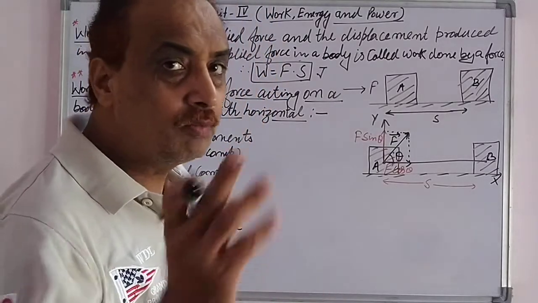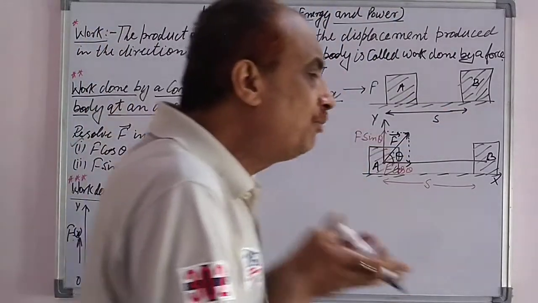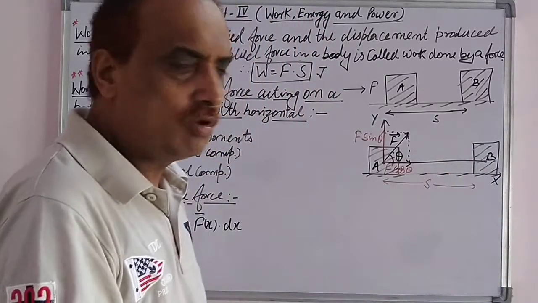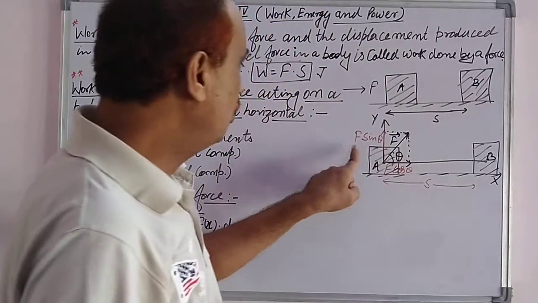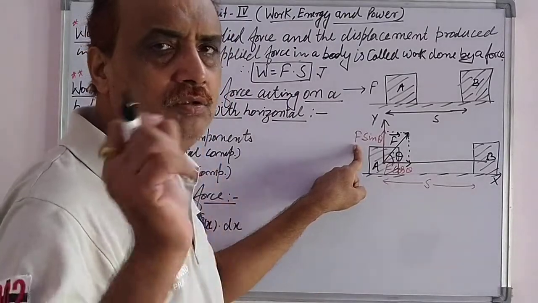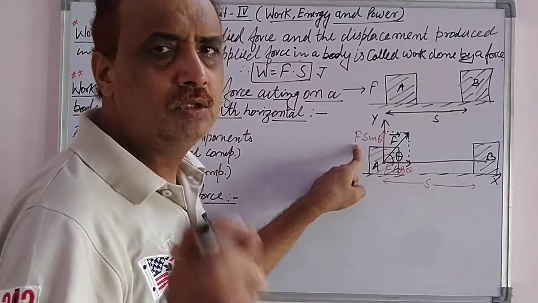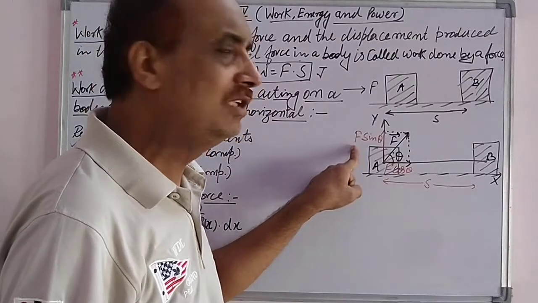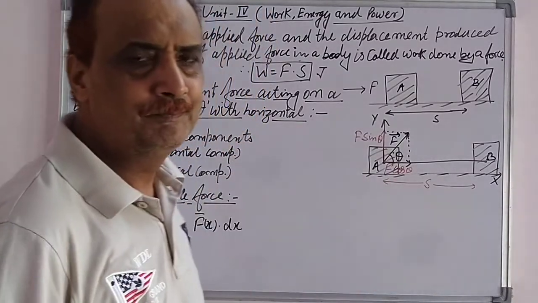The body is not moving in the upward direction, it is moving in the forward direction. It is moving along the x-axis, not along the y-axis. So the F sin theta component does not contribute to the displacement in the body. So this F sin theta is neglected.